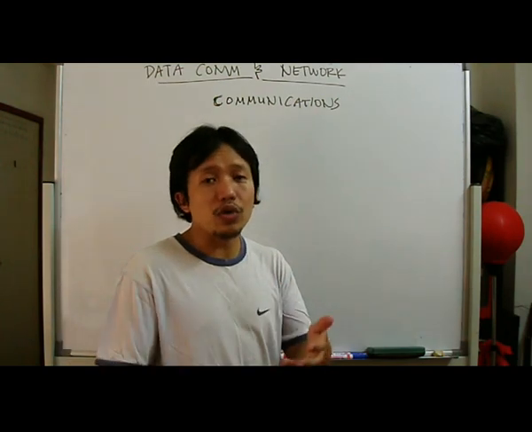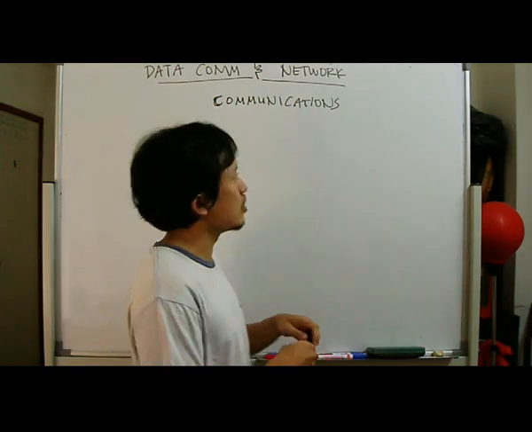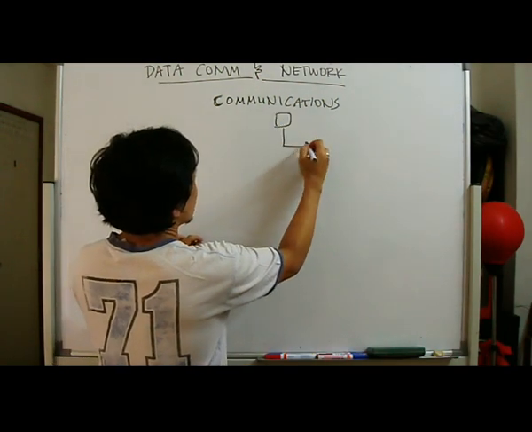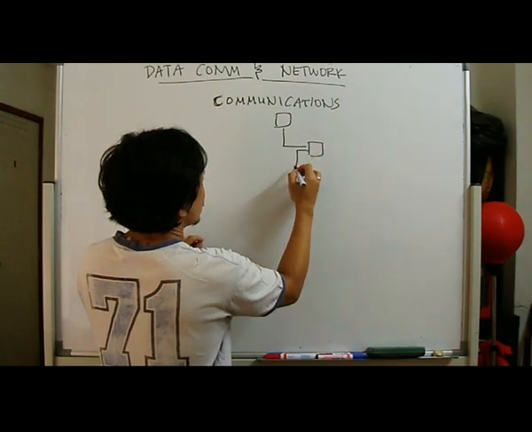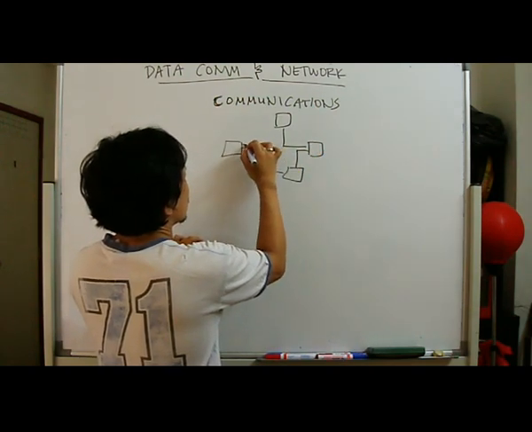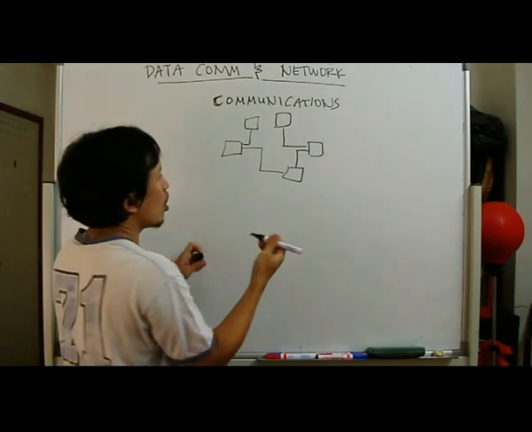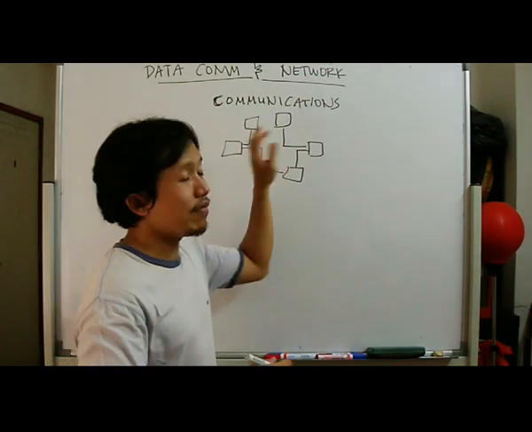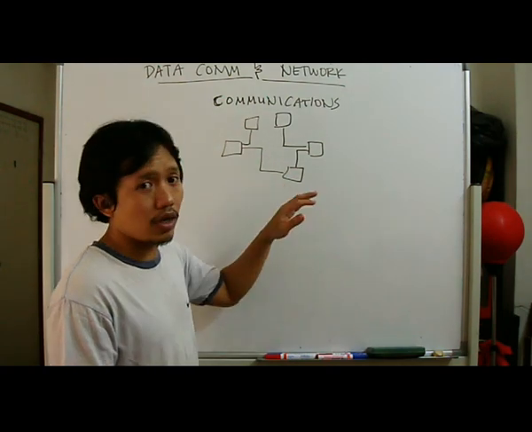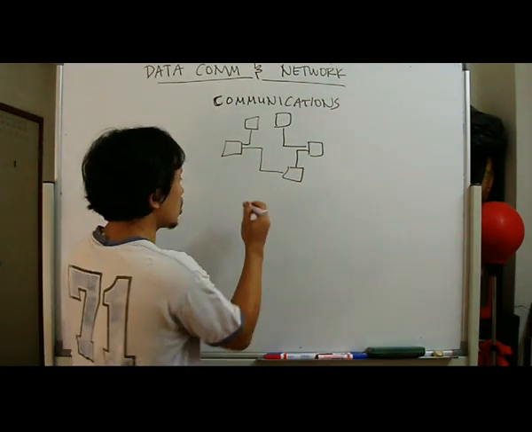Once we have computers, we still have local communications, right? This is where, for example, our computers are connected together inside our office network, right? So these are all computers or other devices inside your network. It might be a printer or something, all interconnected together. Now this is called local communications.